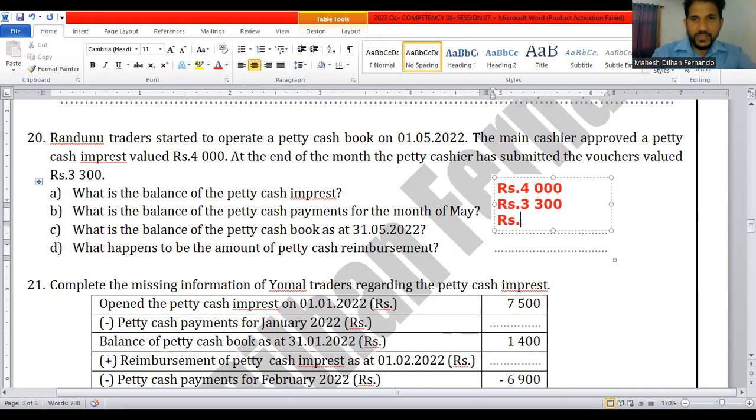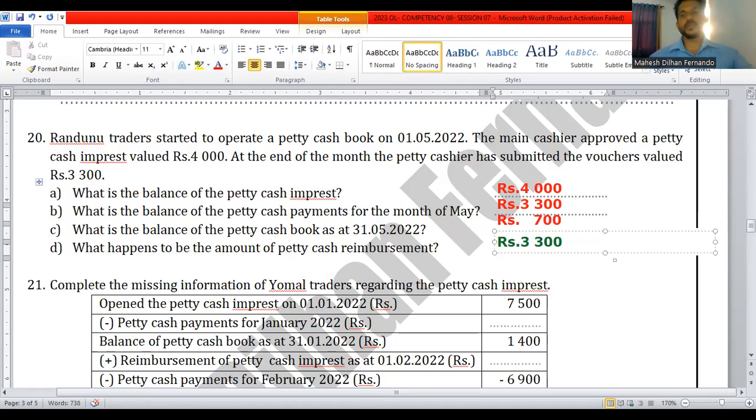Yes, it is just 700 rupees. What is the amount of the petty cash reimbursement? Yes, the exact amount that you have spent, 3,300.